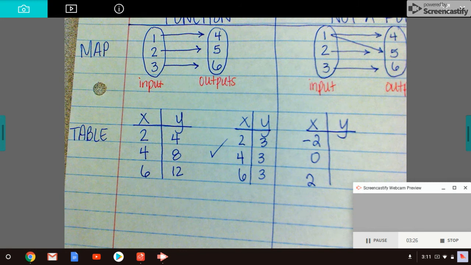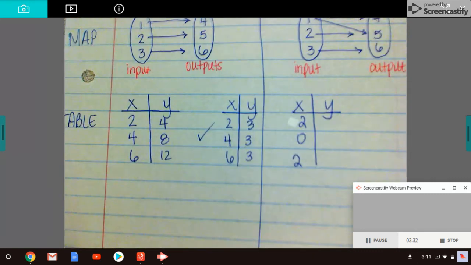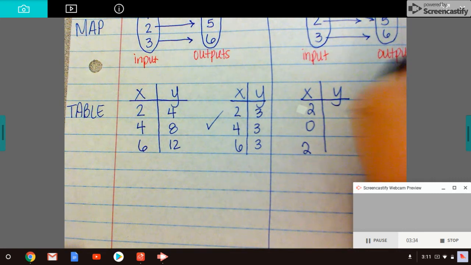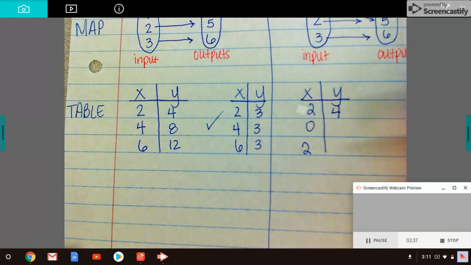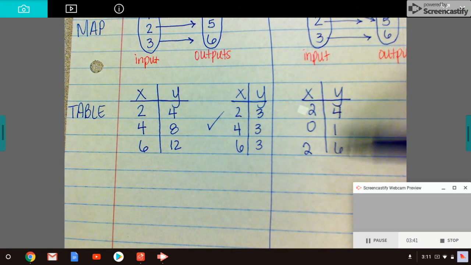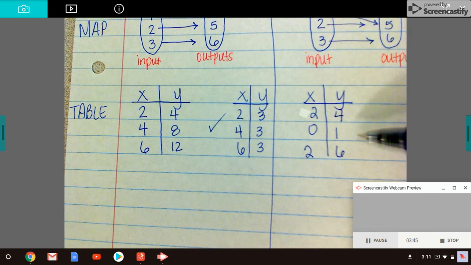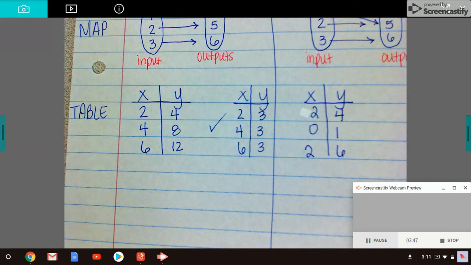Actually, let's make them both positive 2. So both these positive 2's are going to head to different points. This positive 2 heads to 4, and this positive 2 heads to 6. Well, that's not possible because I've got an input that goes to a 4 and that same input that goes to a 6. That won't work. So that is the deal with tables.